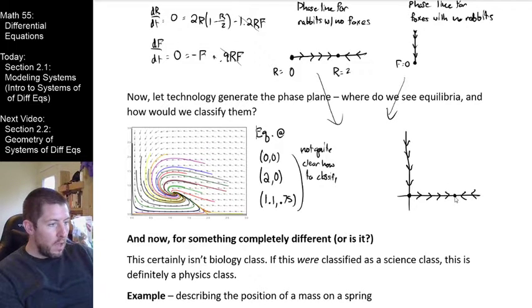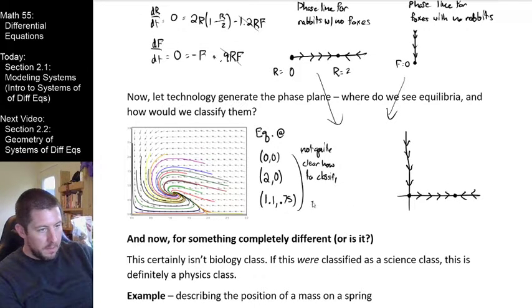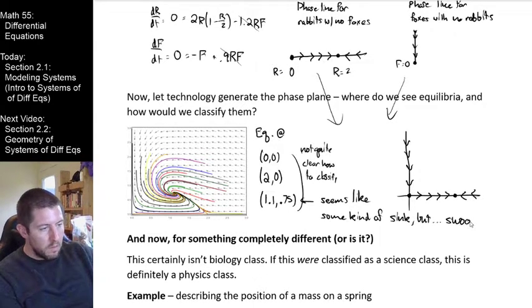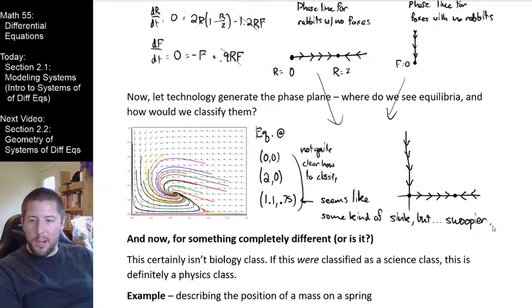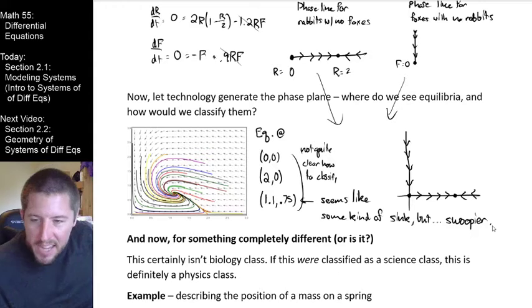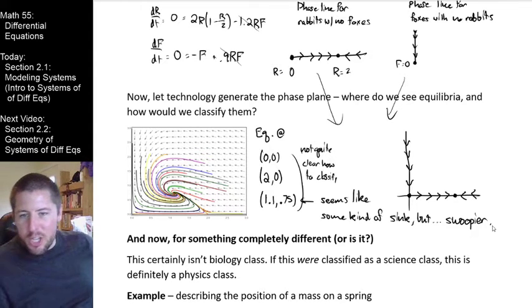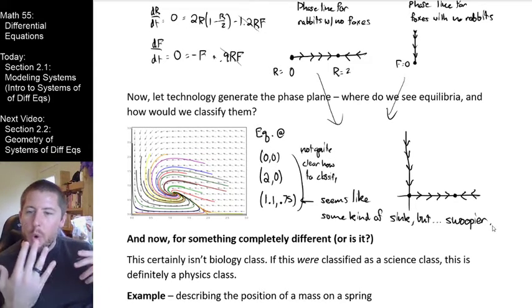Okay. Here we are again. This guy seems like a sink. I don't really know what my good word is to fix the fact that it's not just that things are going into it, they're swooping into it.